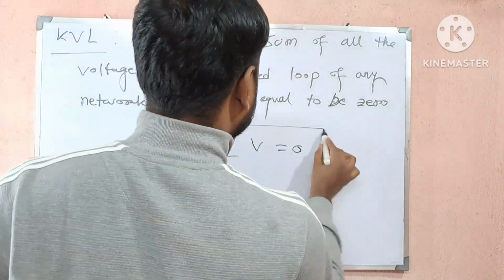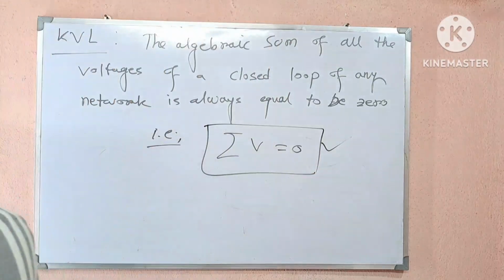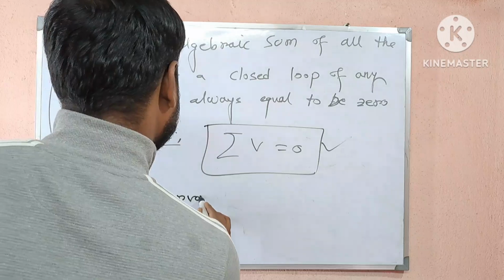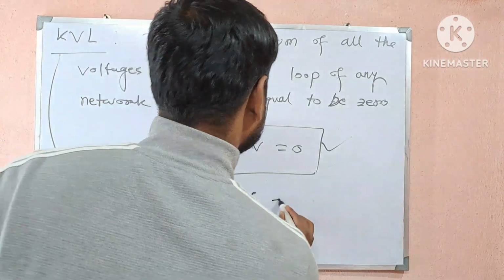That is, sum of V equal to 0. Sum of all the potentials is equal to 0. And we have to remember, KVL basically represents conservation of energy.